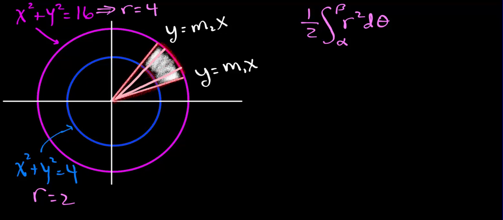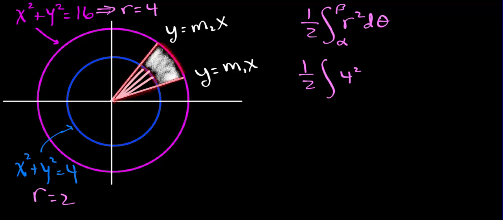So if I integrate 1/2 of 4 squared from here to here, whatever this angle is, alpha to beta, I'm going to get the area of this whole circular sector right here. But I don't need the area of that whole circular sector. What I don't need is this part right here.